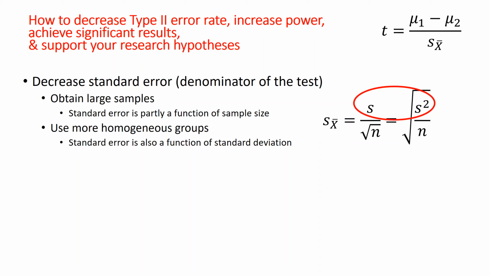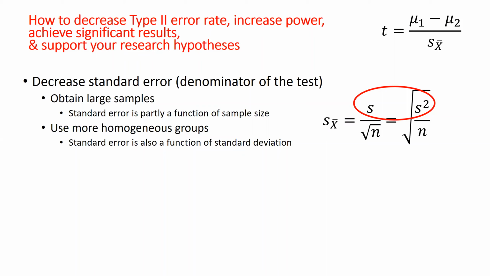So there will be little variance in their responses compared to a wider, more diverse pool of respondents. Therefore, the numerator of the standard error term will be small, which will make your overall standard error term small, which will increase your t statistic.